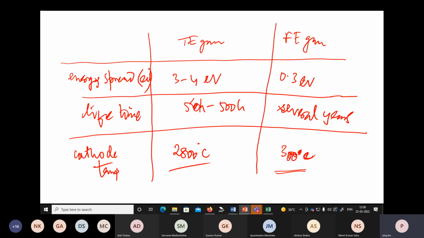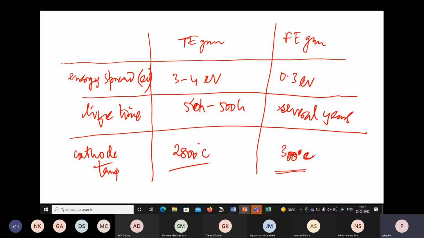If it is a thermionic emitted gun and there is enough oxygen in the chamber, that will oxidize the gun, and that will deteriorate the lifetime of the gun. So it is important not only for improving the mean free path that you make the chamber high vacuum, it will also improve the lifetime of your gun.